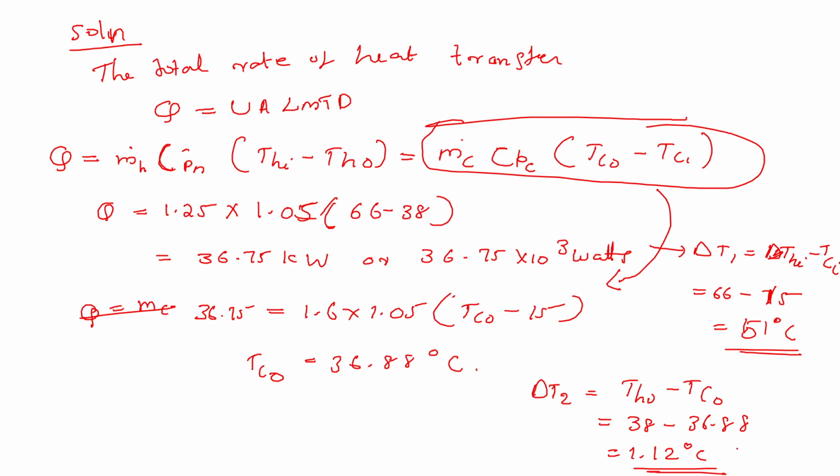So now you have delta T1 and delta T2, and you can calculate the LMTD. From there you can calculate the area value. Q is given. Just go through the steps we did. From that we found delta T1 and delta T2. Then use the LMTD equation for parallel flow heat exchangers, then find the area value. Go through this and we'll go to the next slide to explain that.